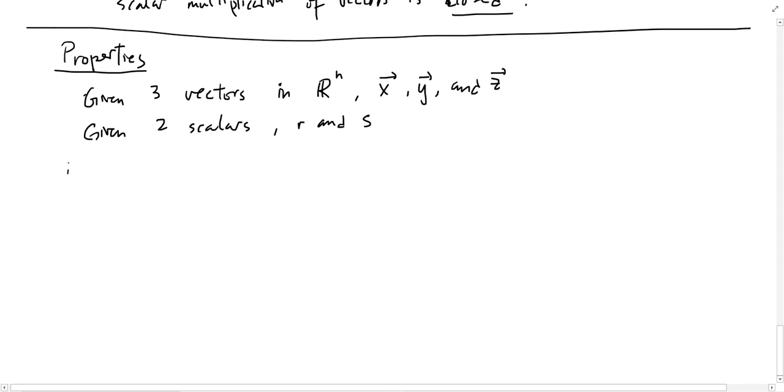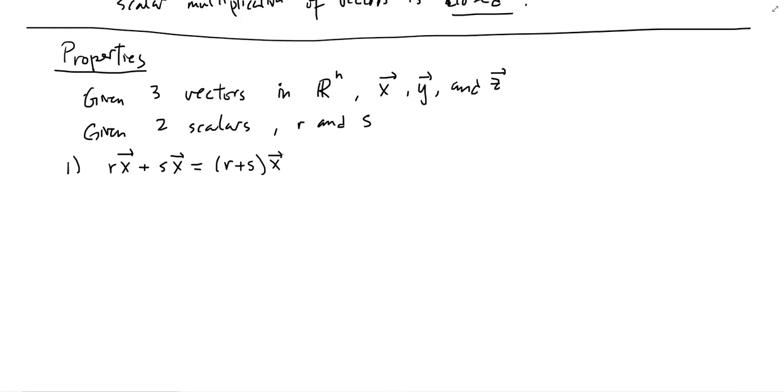Property number 1 states the following: r times vector x plus s times vector x equals (r plus s) times vector x. A lot of these things are very minor, and sometimes students don't pay attention to them, but I like to point them out because if you pay attention to them and understand them, it makes everything so much clearer when you get into things that are confusing.